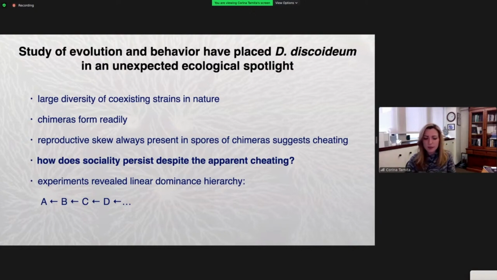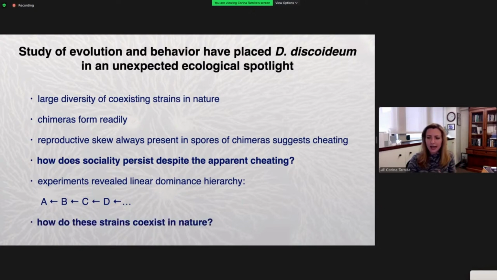And so immediately this would point not just to the fact that strain A is clearly a very dominant strain, but that we should really ultimately only see strain A around. So very quickly, the question of how do you get sociality to persist in the face of this very clear vulnerability is, how do you get any kind of ecological diversity in this system, given that there is a clear winner, a clear dominant strain.